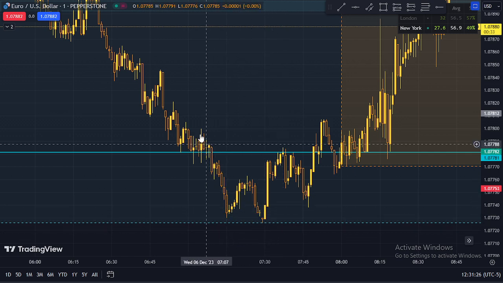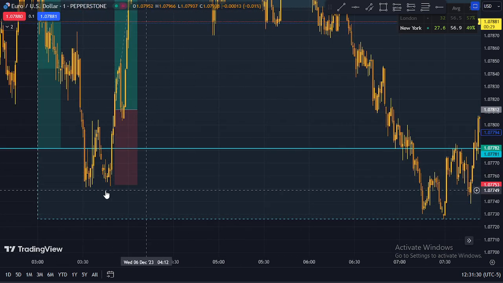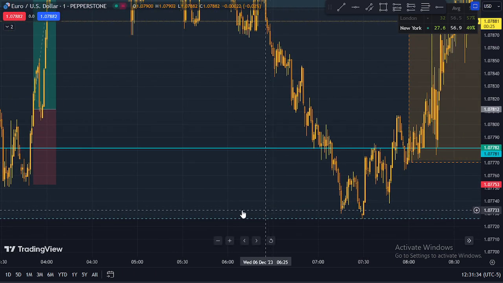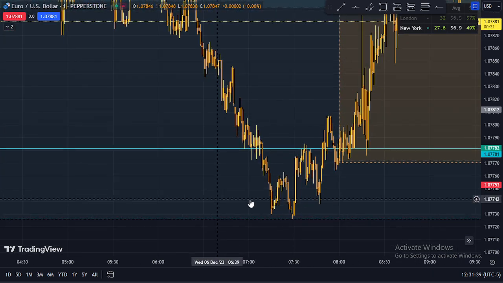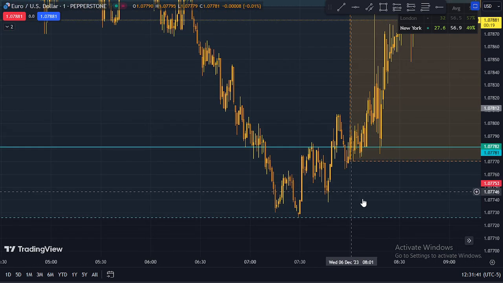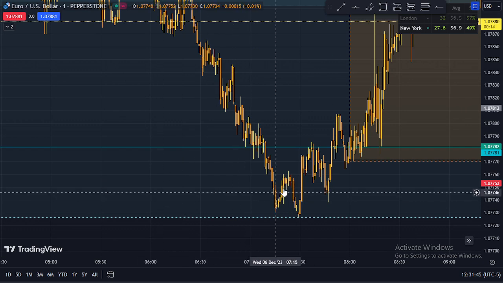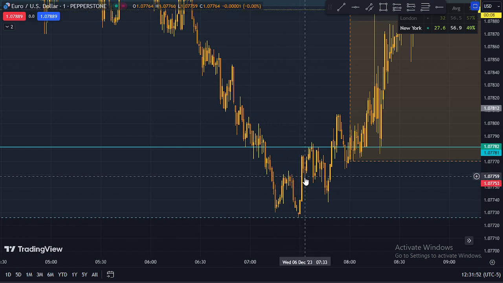So for this, we took out this low. You see, these lows, they were taken out. So it's simple. Whenever you see a low taken and time aligns, time is the key factor here. So whenever you see a low being violated or a high being violated, you as a trader should know that you could have some entries.